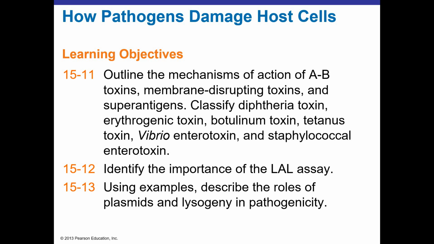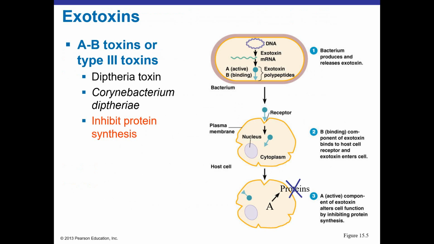Now we're going to look at some of the subcategories, the different mechanisms of action of various exotoxins. Type 3 exotoxins are what are known as AB toxins. They specifically inhibit protein synthesis. They have an A portion and a B portion. The B portion is the binding portion that is going to interact with the receptor on the host cell.